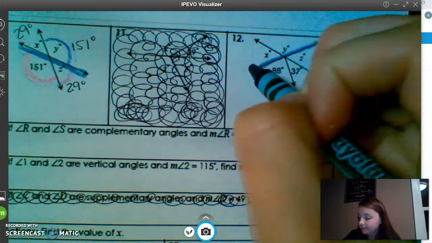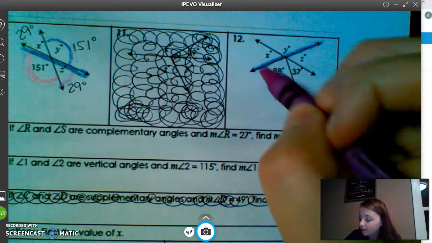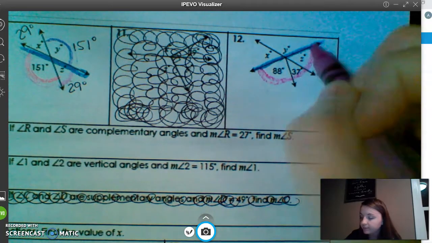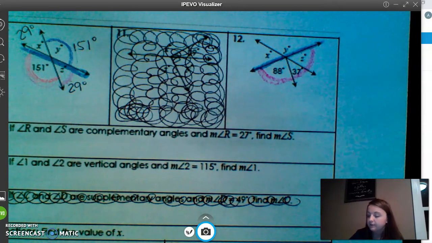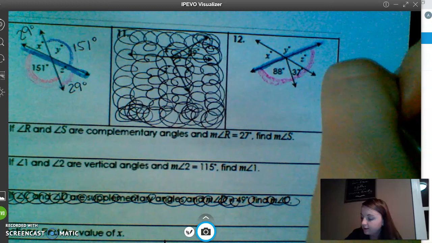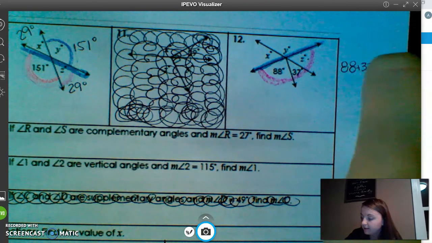Here's a straight line. So that means when I put all of these angles together, they have to equal 180 because of that straight line. So 88 plus 37 plus z has to equal 180.